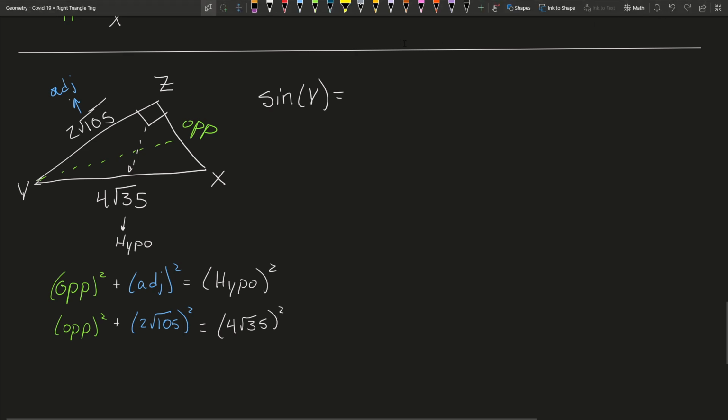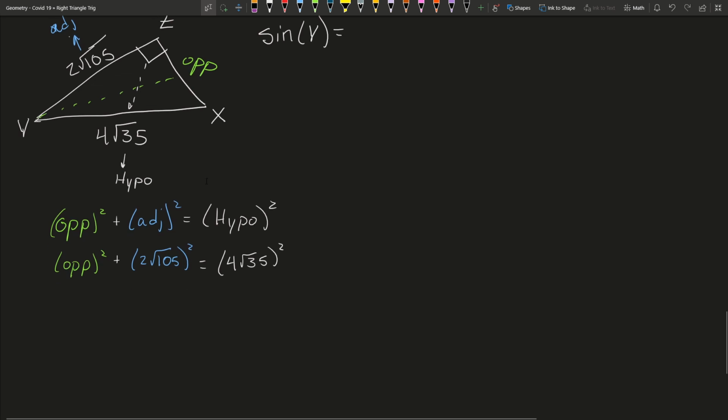And what's good, if you ever have square roots as side lengths, they usually cancel out in the Pythagorean theorem. All right, so when we simplify this expression, 2 rad 105 squared becomes 2 rad 105 times 2 rad 105, which simplifies to 4.